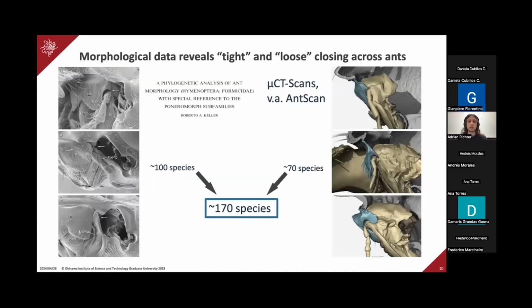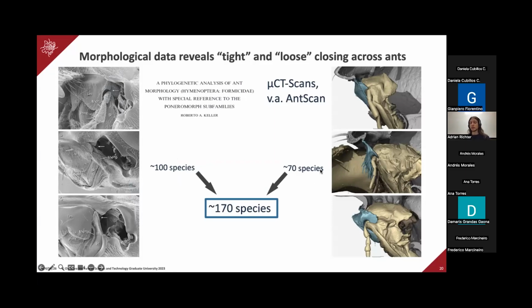Now, interestingly, these mechanisms of mouthpart closure are also diverse across the ants, and they vary in the tightness of this interlocking. The first one who discovered this and who had a lot of data for this was Roberto Keller, who I'm collaborating with in this project. He initially imaged about 100 species using scanning electron microscopy, where he documented this mechanism.